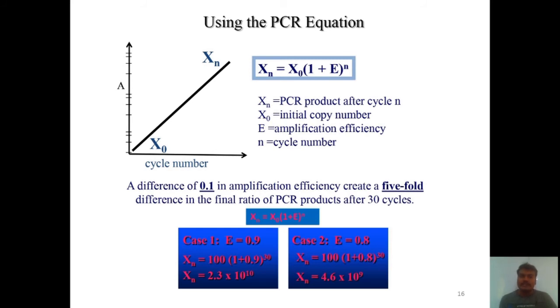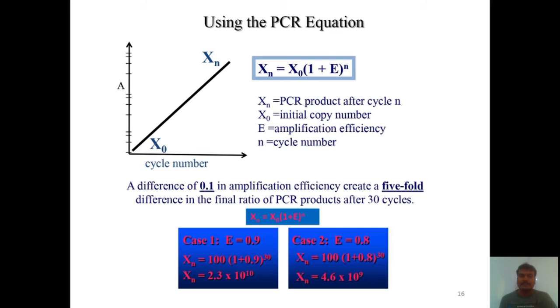For example, if the efficiency varies by even 0.1%, it has a greater impact on the product. A 0.1% variation in efficiency will create a 5-fold difference in the final ratio of PCR product. Here I have given some examples.